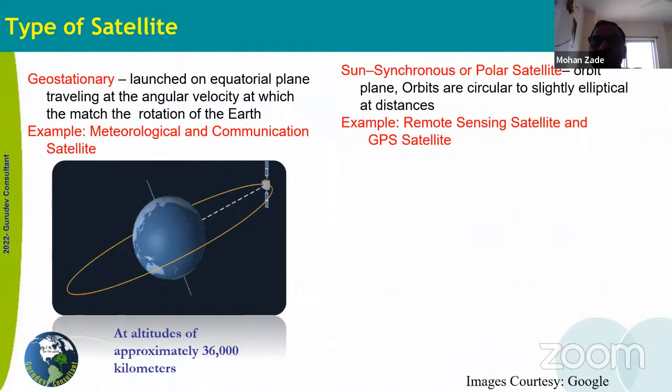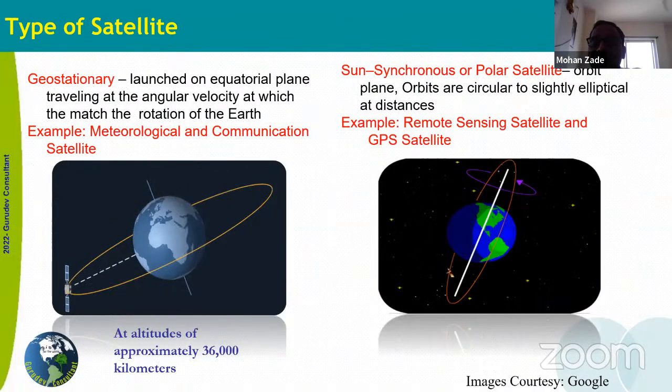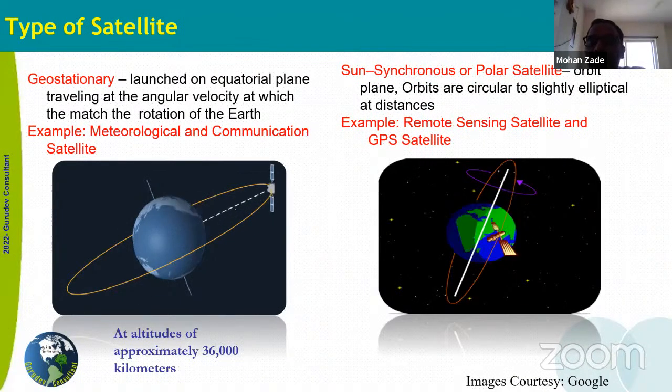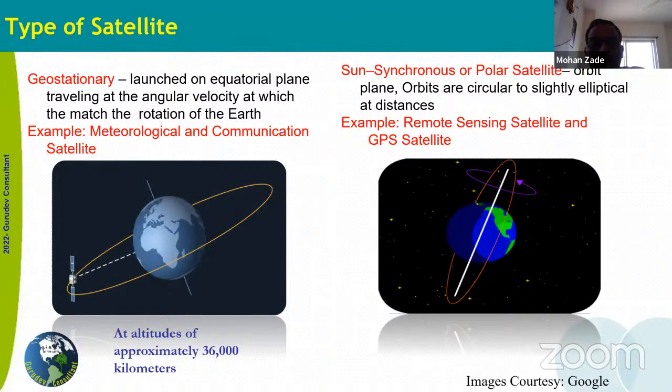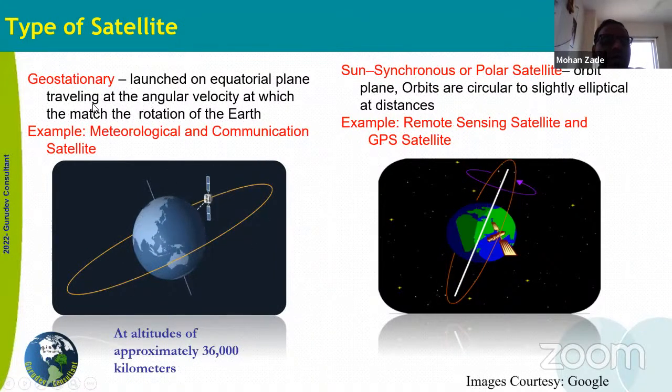The other is sun-synchronous or polar satellites, known as remote sensing satellites. They move around the poles of the Earth, whereas geostationary satellites move along the equator, traveling with the rotation of the Earth.